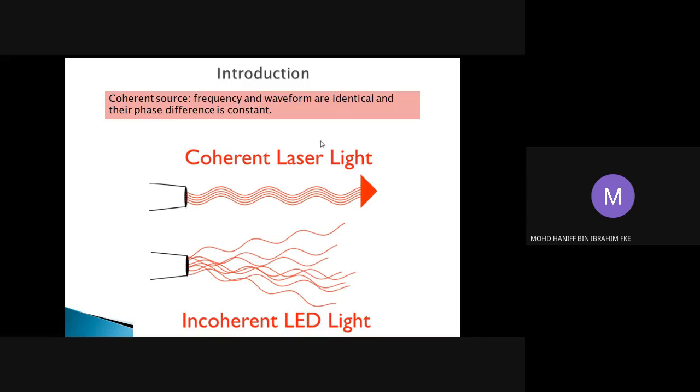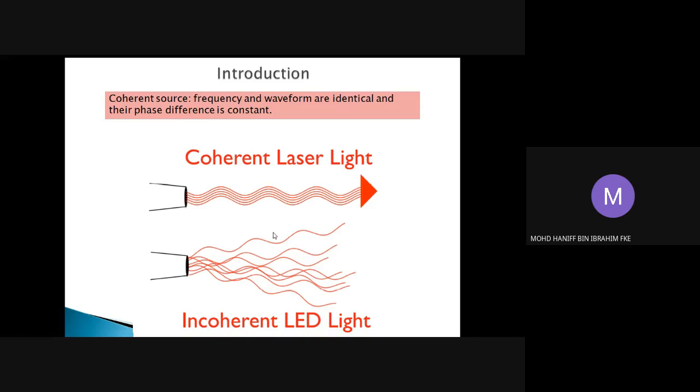From this graphical representation of light propagated by the laser diode, the phase difference of the wave is constant, as opposed to what we have in the LED. So we can differentiate from this diagram the meaning of a coherent source.